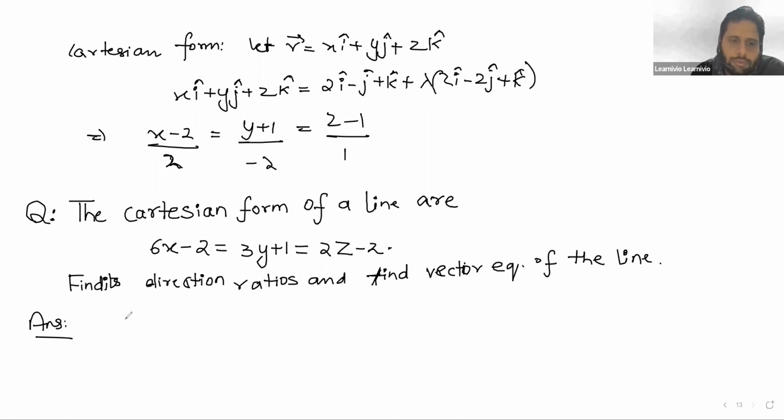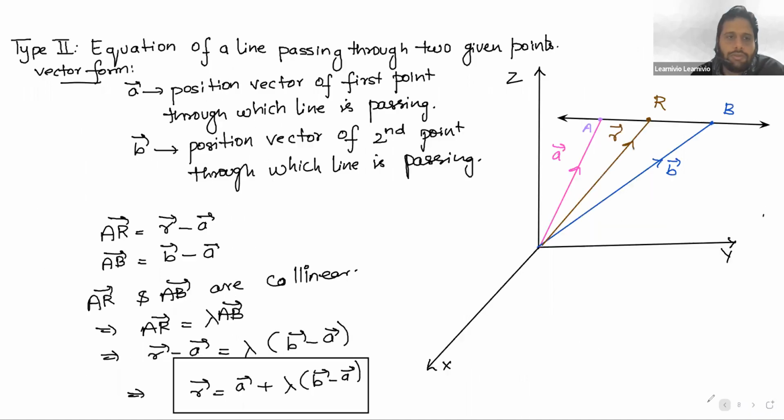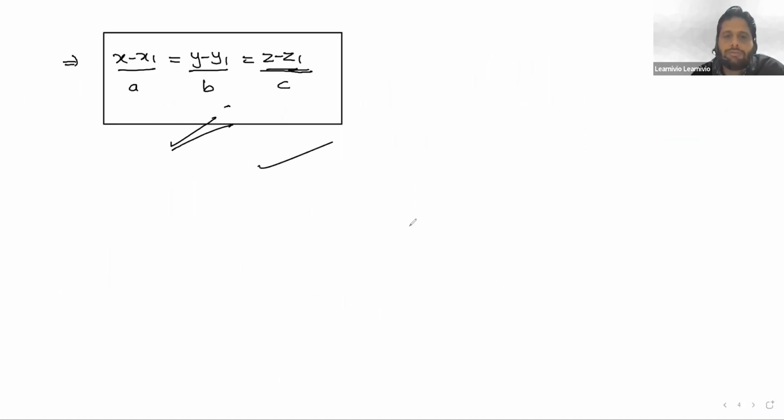This is the Cartesian form: x minus x1 by a is equal to y minus y1 by b is equal to z minus z1 by c. This is the Cartesian form we have done here. Okay. Please learn all the types.